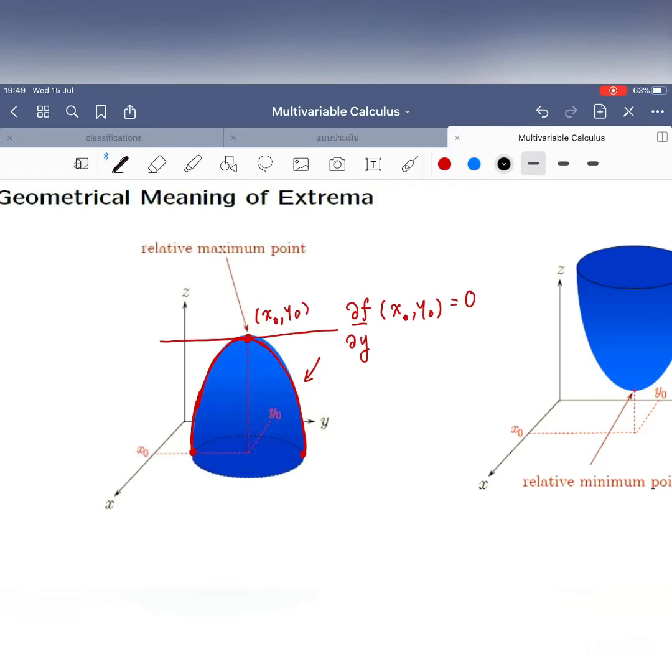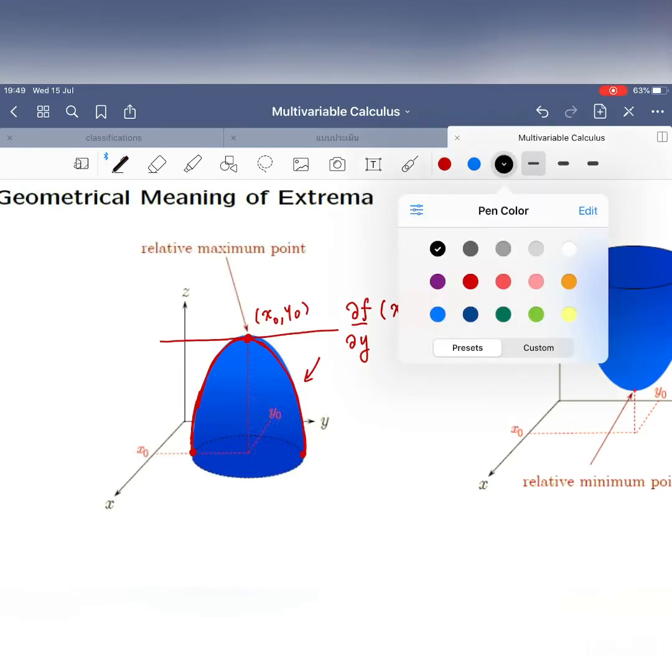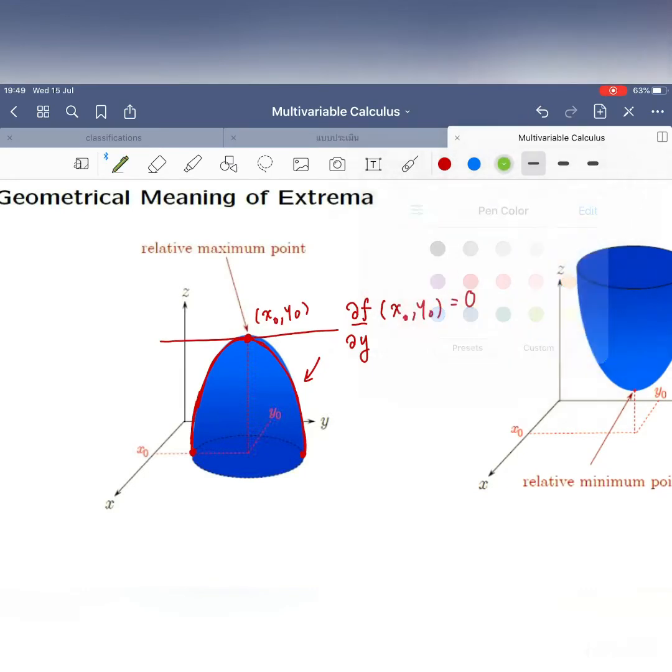On the other hand, let me just use the one here. If we fix y equals y0 and we use the plane y equals y0 to cut the surface, then you have a curve like this as the cutting edge between the surface and your plane.